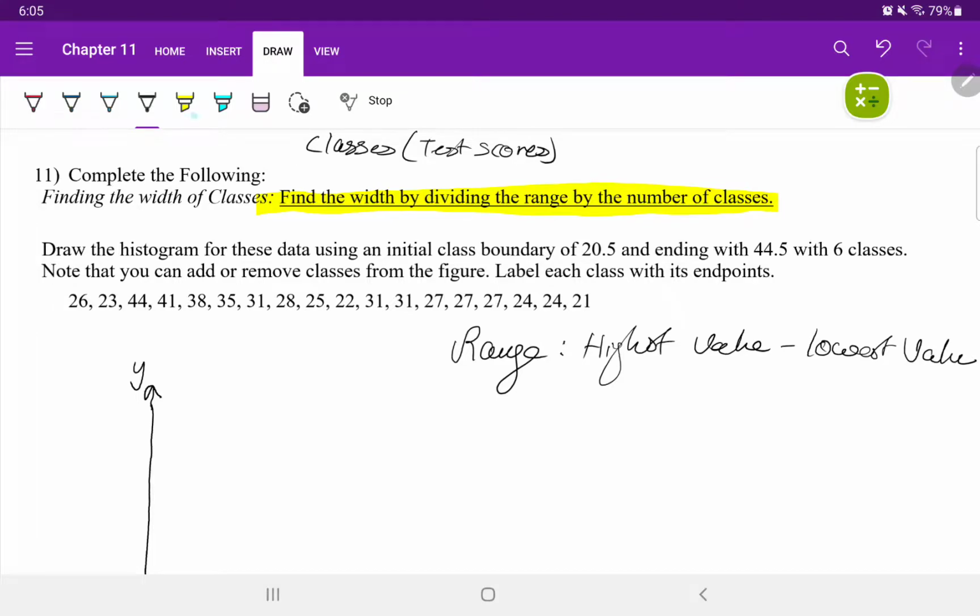We are starting with 20.5 and ending with 44.5, so the range is 44.5 minus 20.5, which means the range is going to be 24.